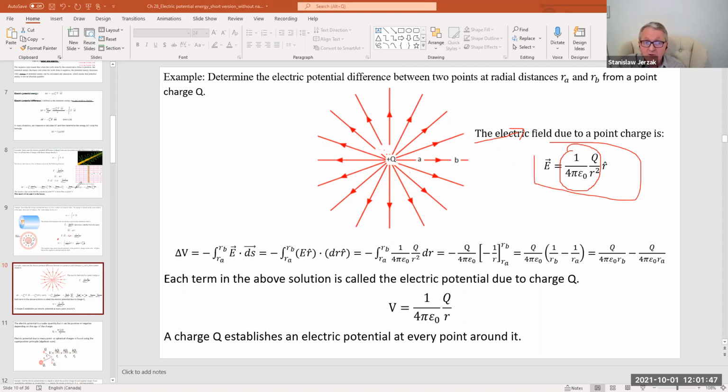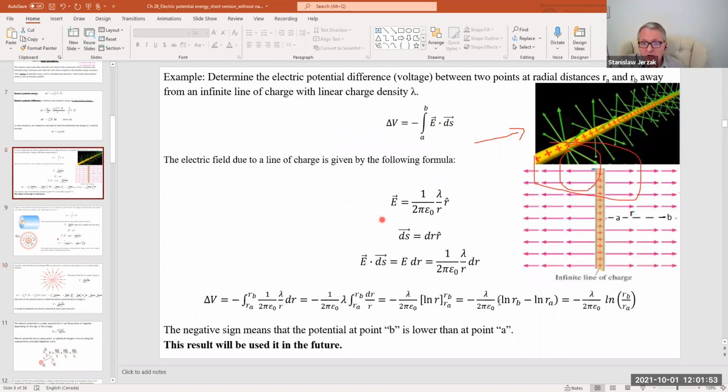But the electric field due to a line of charge, remember, was given by this expression: it is lambda, the linear charge density, times 1 over r. So these are 2 different electric fields.